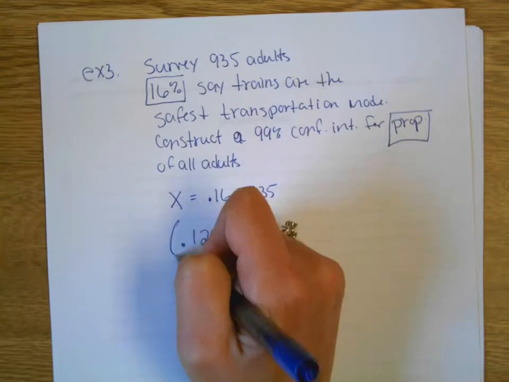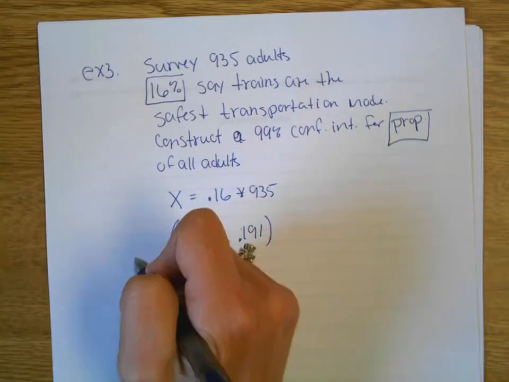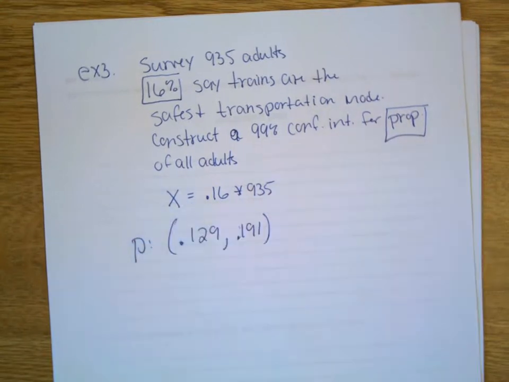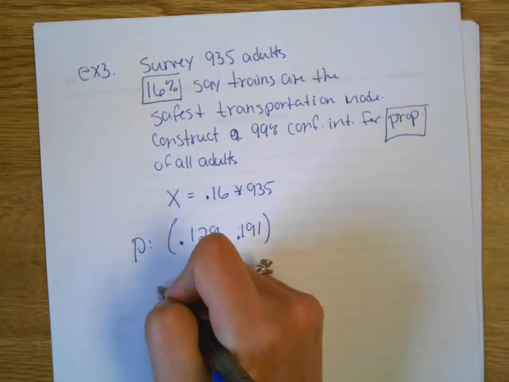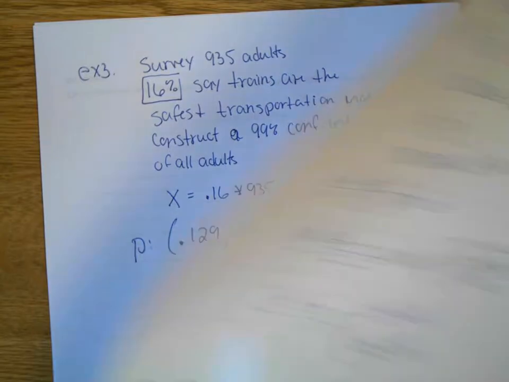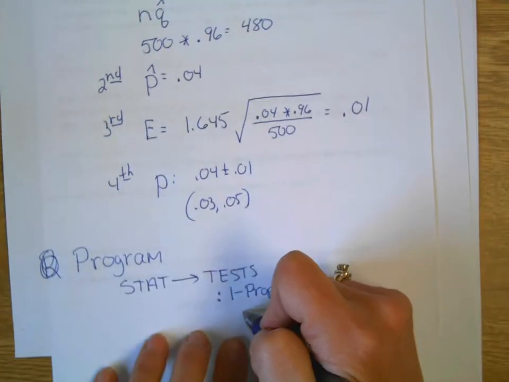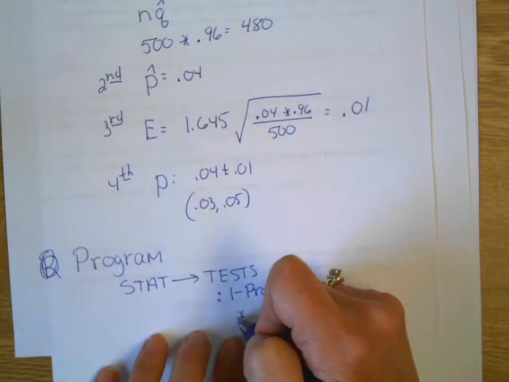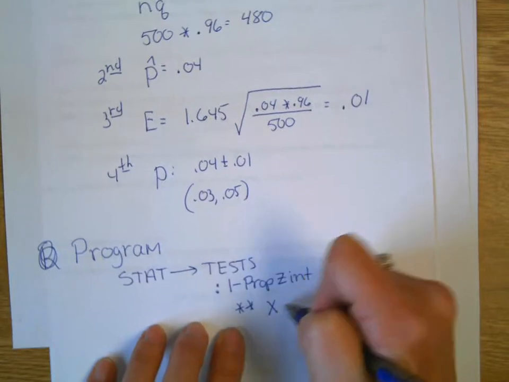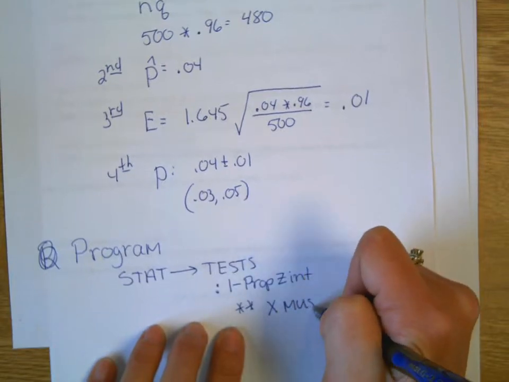I think the book does go 3 places on their percentages. You can see they give you the p hat down there. See that 0.1604? It was rounded. So the one thing to remember is that, maybe we should say it back here: little X must be a whole number.